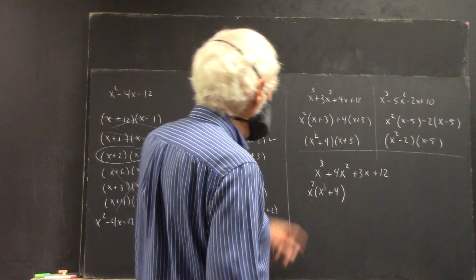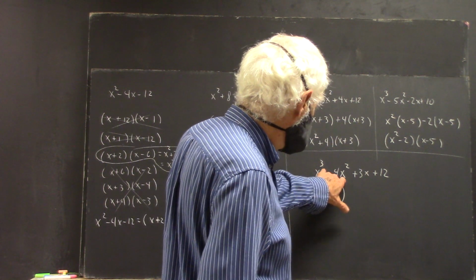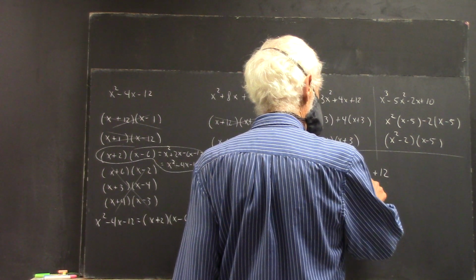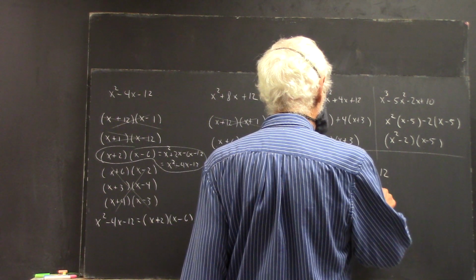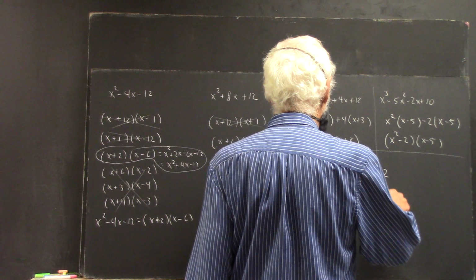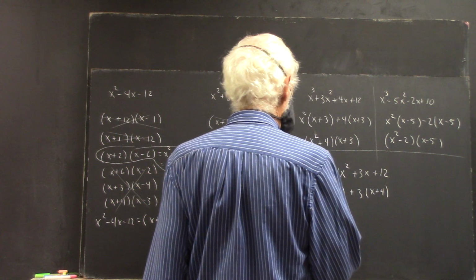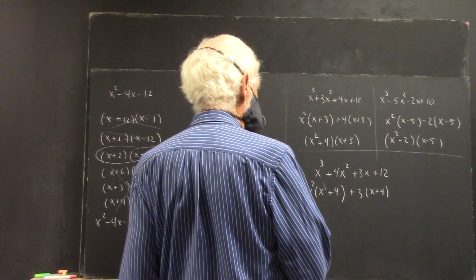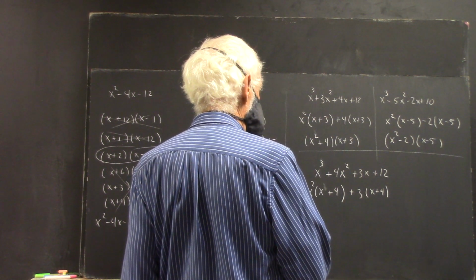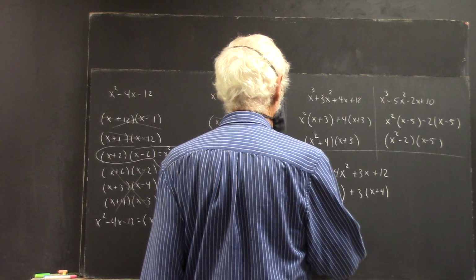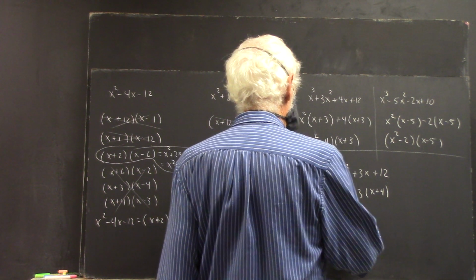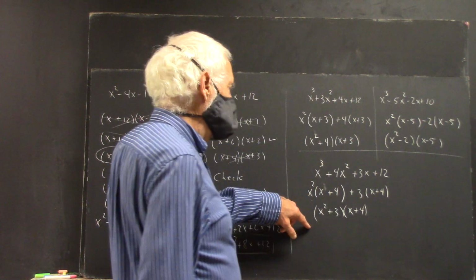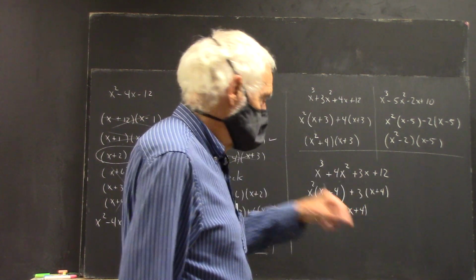Here, the greatest common factor in these 2 terms is the x squared. Here, the greatest common factor is just your 3. And this gives us, for a minute there, it looked like it was going to give us the same thing we had up here, but it's got to be different because this polynomial is different.